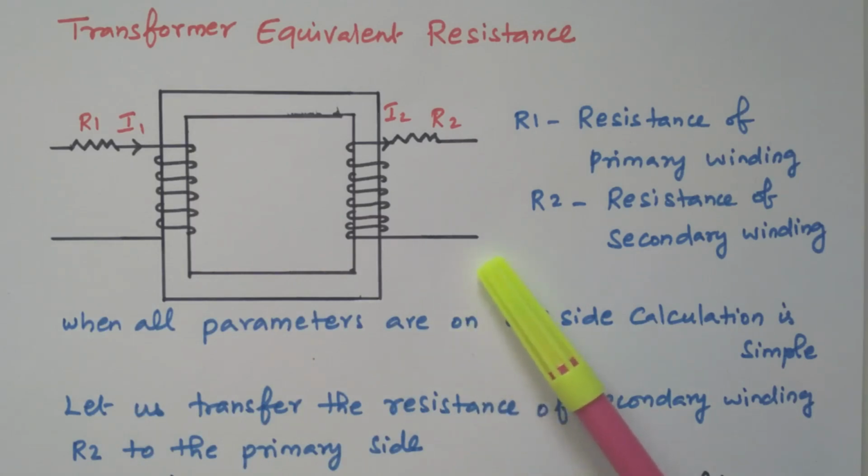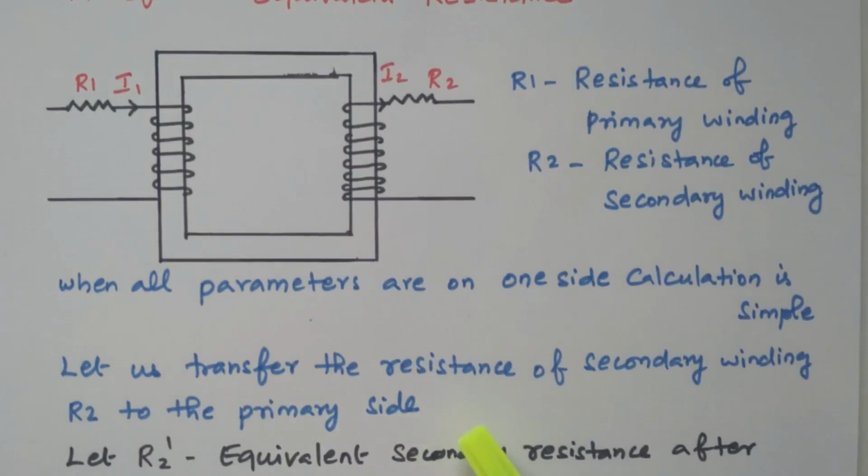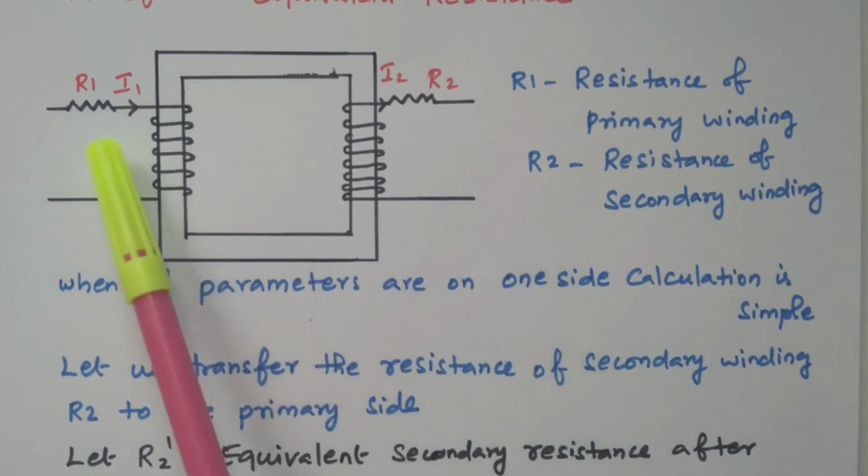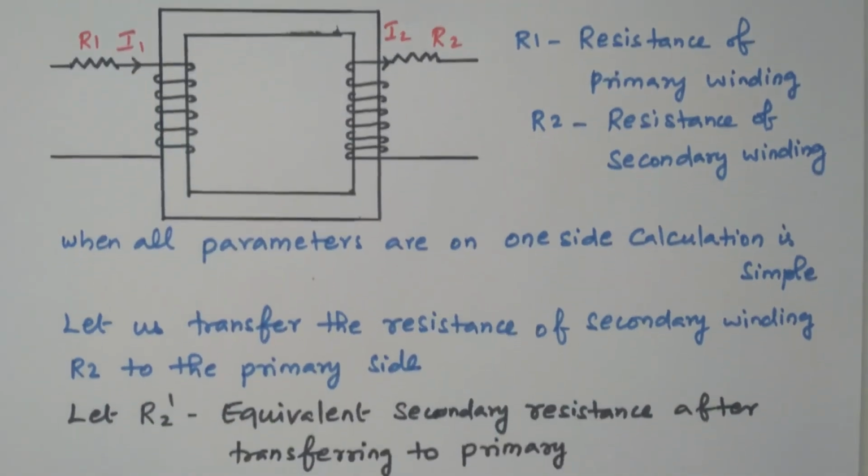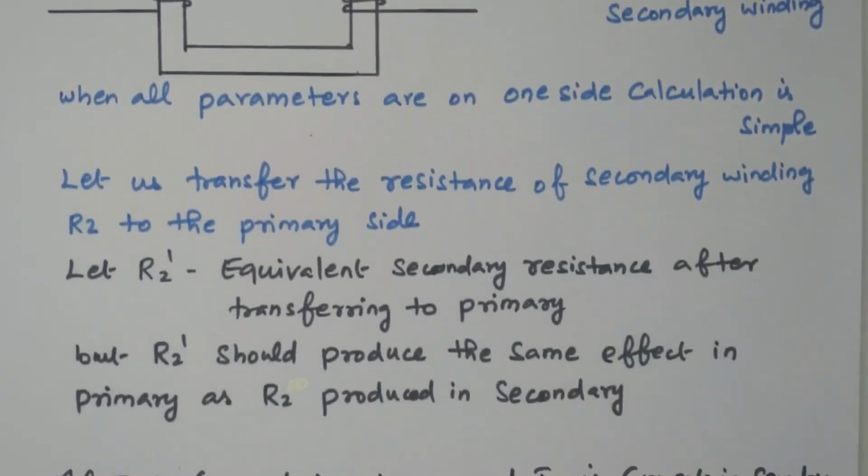Not only resistance, we can transfer resistance, current, voltage, everything from one side to the other side. Let us transfer the resistance. In this we will see the resistance of secondary winding R2 transferred to the primary side. So we are going to transfer this R2 from secondary side to primary side. At that time, what is the equivalent resistance that we are going to obtain in this topic?